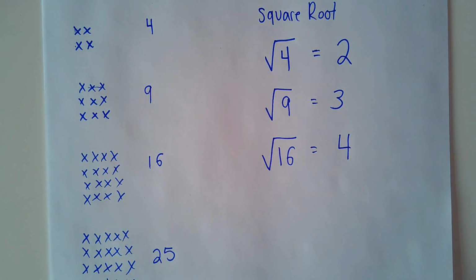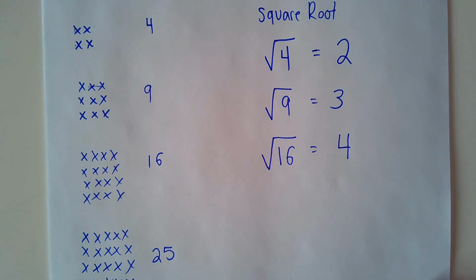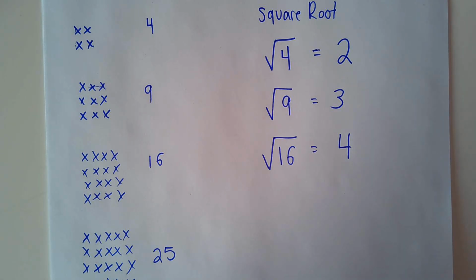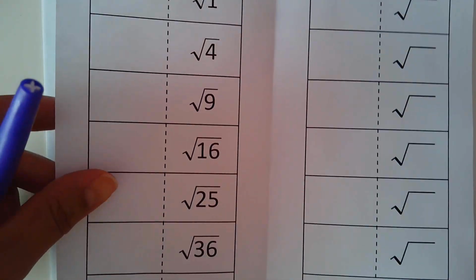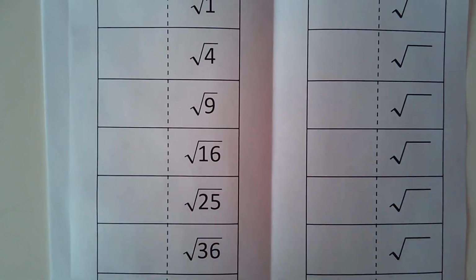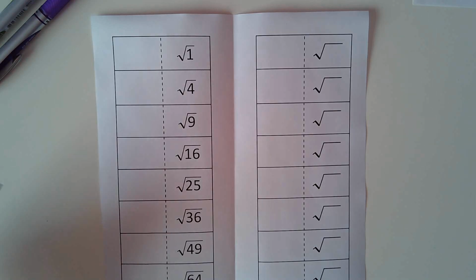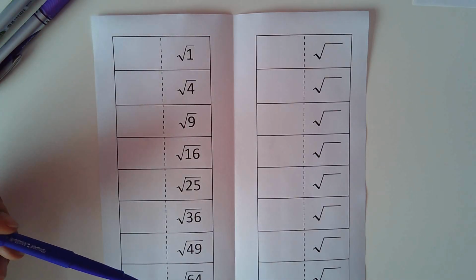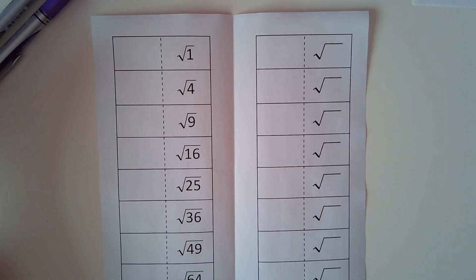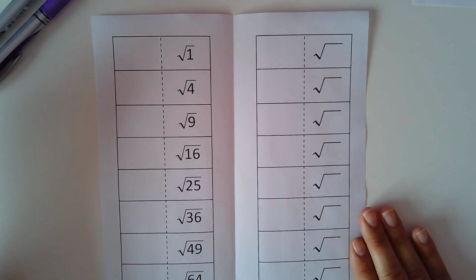So I attached a sheet of paper, and on it we have all of the perfect squares listed. So you can print off this piece of paper or just continue writing on the paper that you had previously.